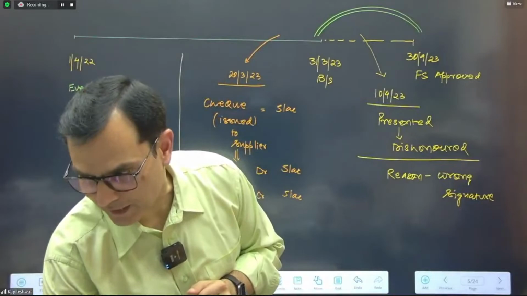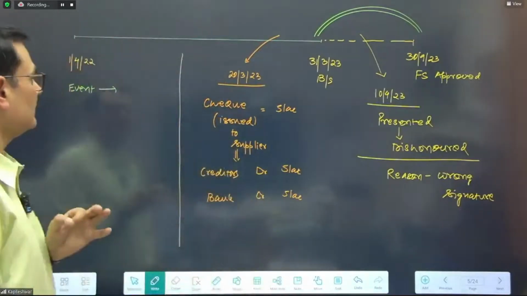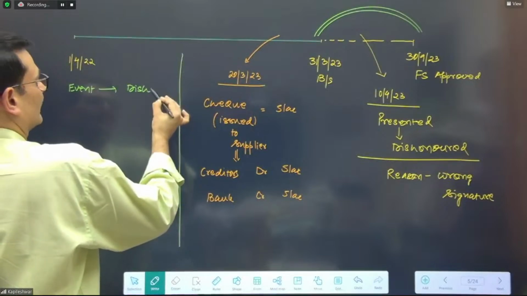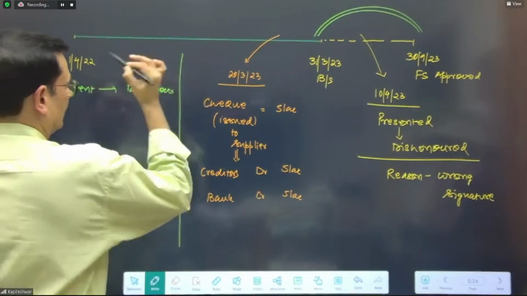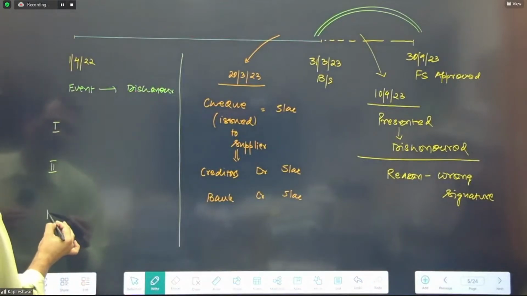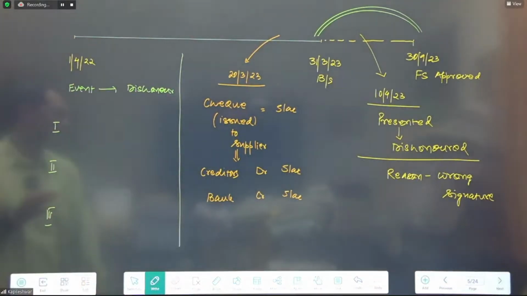Great. So we can say the event is the dishonor of the check. Wow, that's wonderful. So let's apply step number 1, then step number 2, and step number 3. And let's see if you can answer this wonderfully well or not.